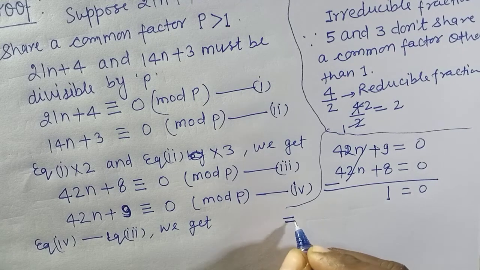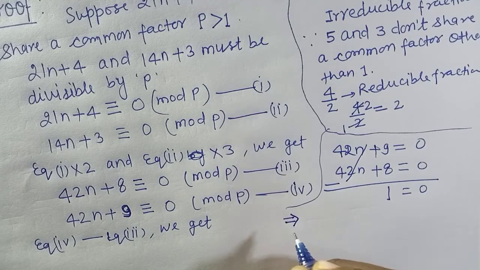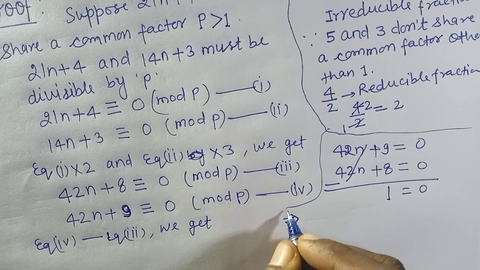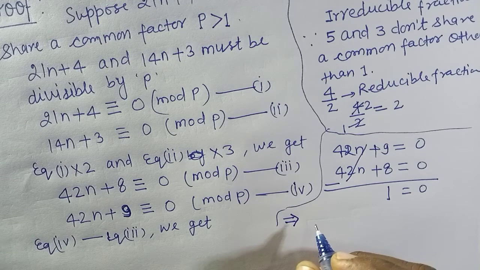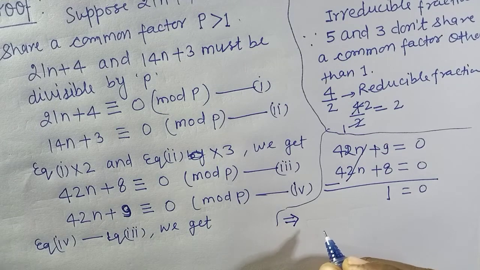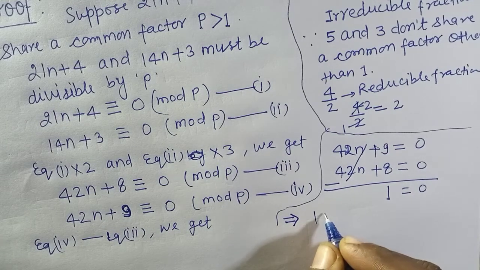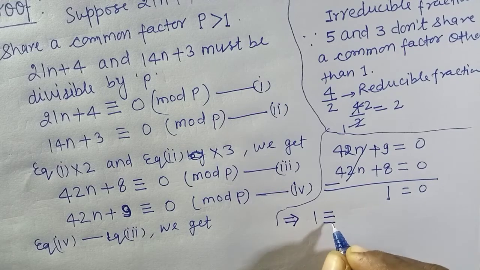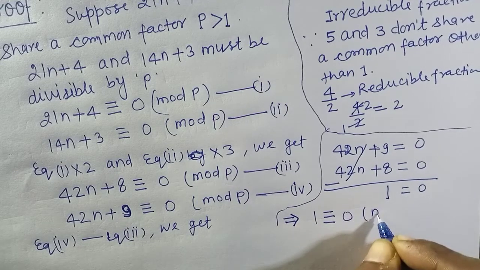So from here we get 1 is congruent to 0 mod p.